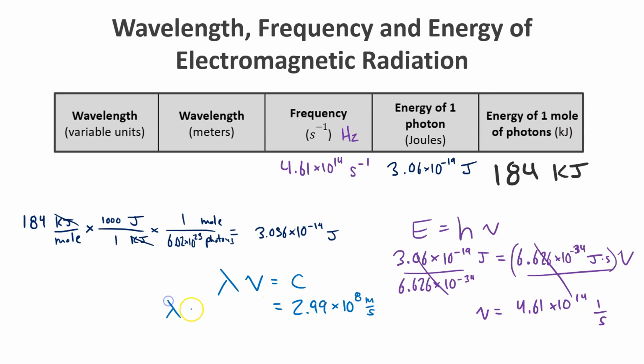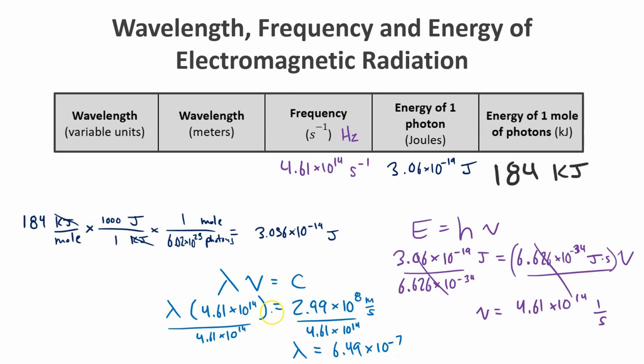The wavelength I don't know, but the frequency I do know, because we just calculated 4.61 times 10 to the 14th. And if you plug that in, you can solve for that wavelength value by, of course, dividing both sides by 4.61 times 10 to the 14th. This will leave me with my answer, 6.49 times 10 to the negative 7.